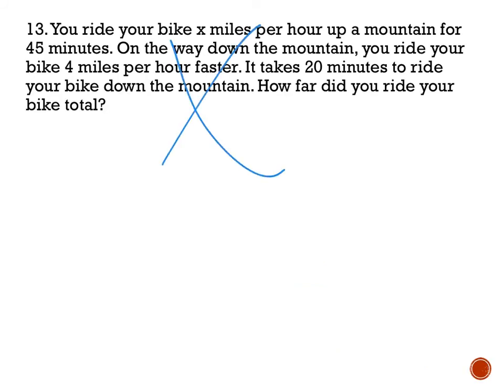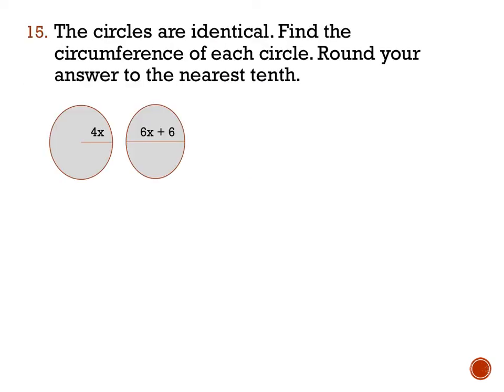Okay, we're skipping 13. And we're going to go to 15. If you notice, the circumference is pi times diameter. This is not diameter. To do diameter here, you need to double it.